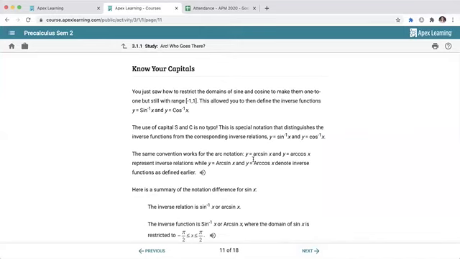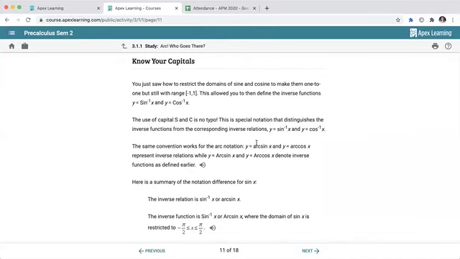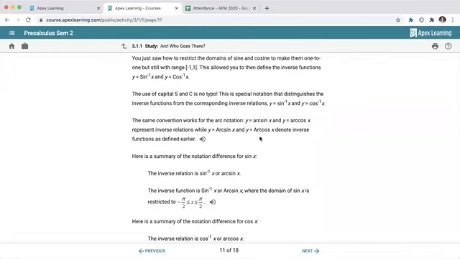Now, there is something I need to point out here. If it starts with a capital letter, a capital S or C, as in arc sine or arc cosine, that is saying that you have restricted the domain, and it's making it a one-to-one function.